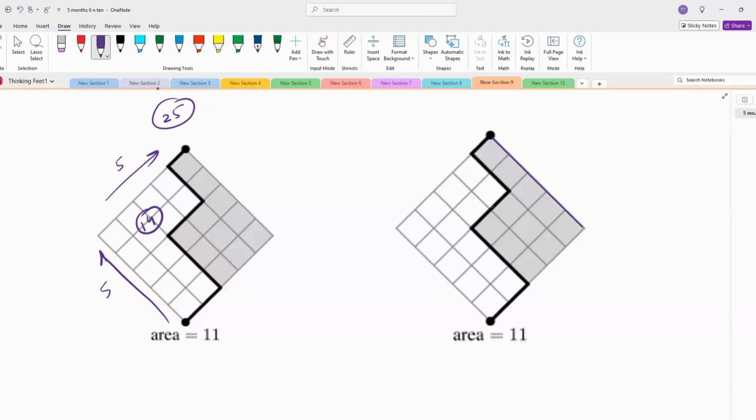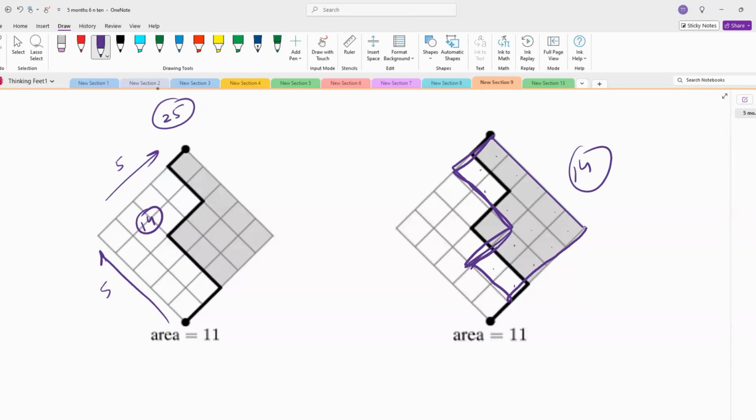This, then it goes 3, 4. Okay, I think that should be 14. 1, 2, 3, 4, 5, 6, 7, 8, 9, 10, 11, 12, 13, 14. Yeah. So this path gives me an area of 14.